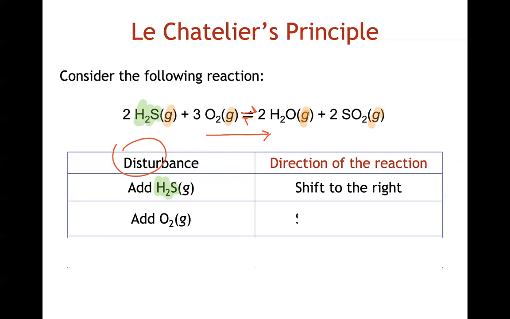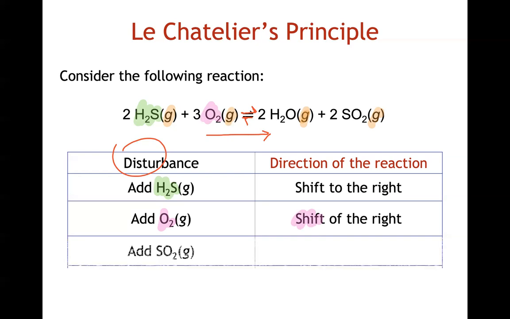Well, oxygen gas is also a reactant, right? So it will tend to shift in the direction opposite of the added change. That's one way to think about it, okay? So it's also going to shift to the right to re-establish equilibrium. So the reaction is always going to shift in the direction opposite of the added change. If you add more reactants, equilibrium will shift to form more product, right?